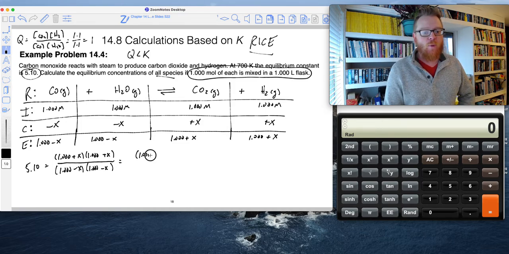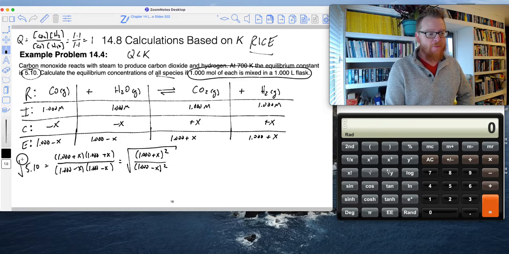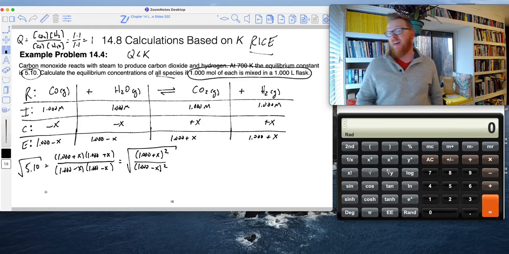So this becomes 1.00 plus X all squared divided by 1.00 minus X all squared. And so now what I can do here is take the square root of this side to get rid of those squares. And if I take the square root of this side, then I also take the square root of that side.